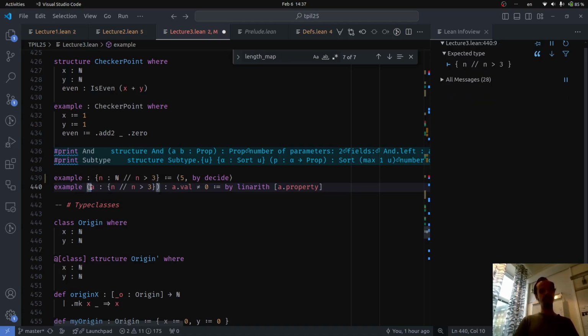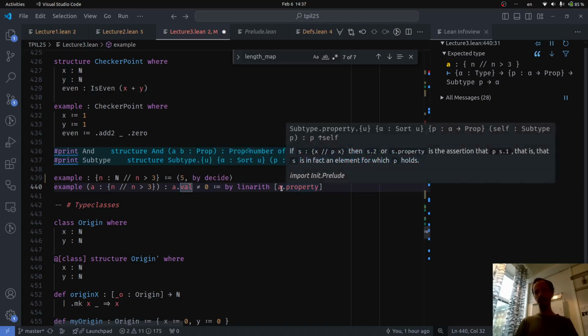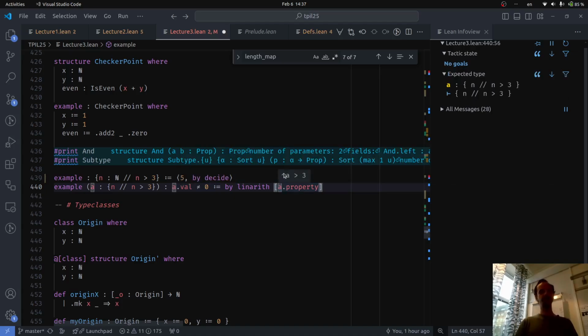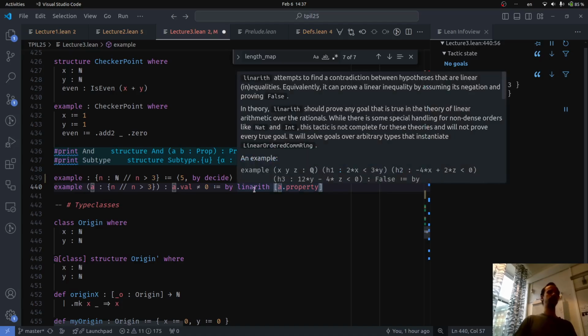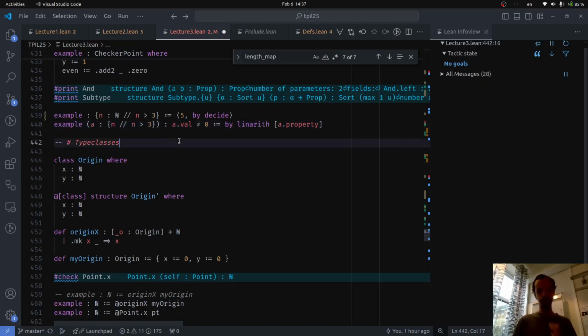So if I have an element of this set of natural numbers which are greater than 3, then its value is not 0, because here we can write value not 0, and then a dot property is a proof that a dot val is greater than 3, so therefore a dot val is not equal to 0 by linear arithmetic. So doing some linear arithmetic, we can figure out that one implies the other.